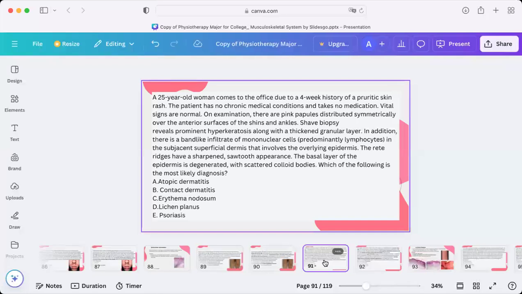In addition, there is a band-like infiltrate of mononuclear cells, predominantly lymphocytes, in the subadjacent superficial dermis that involves the overlying epidermis. The rete ridges are sharpened and have a sawtooth appearance. The basal layer of the epidermis is degenerated with scattered colloid bodies. Which of the following is the most likely diagnosis?